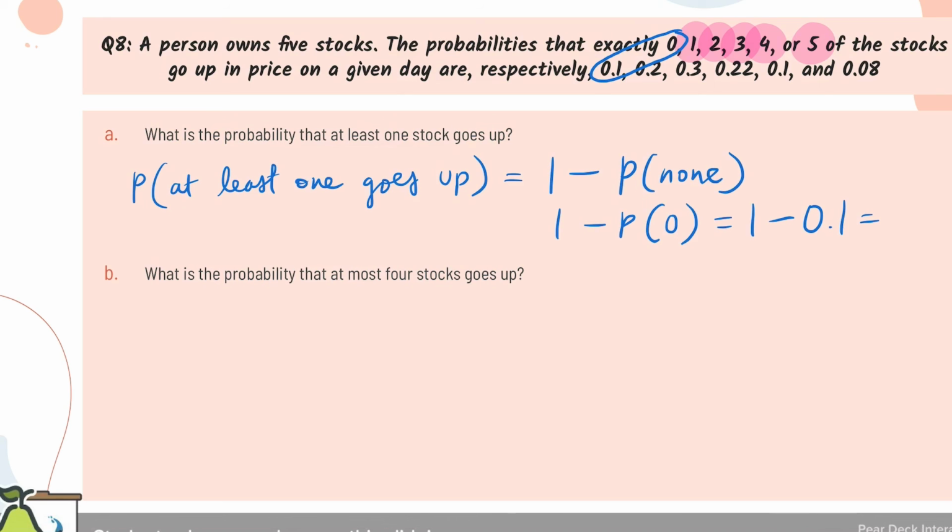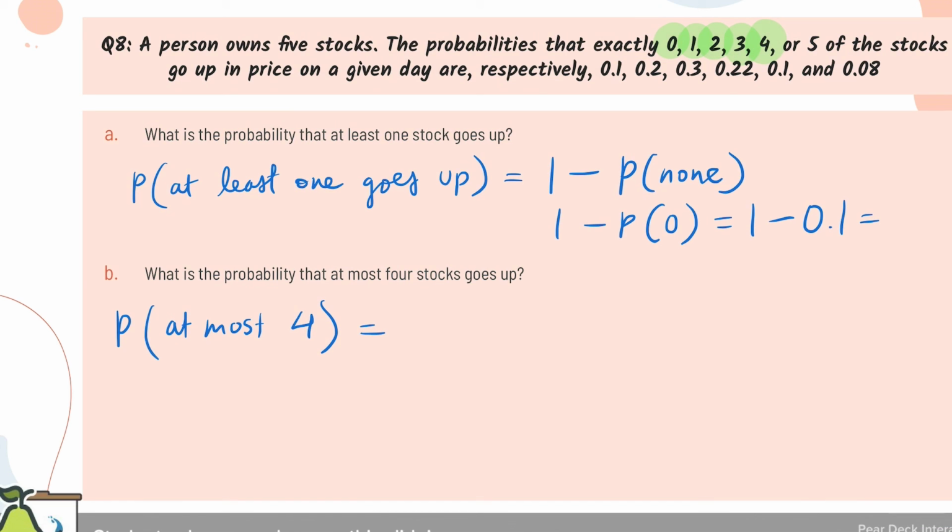And the next one is, what is the probability that at most 4 stocks go up? So the probability of at most 4. If I were to highlight it, I have 0, 1, 2, 3, and 4.